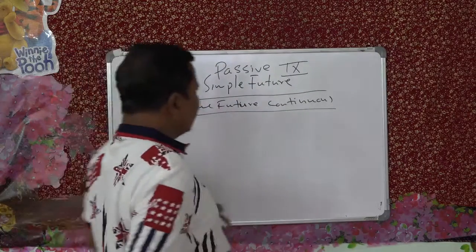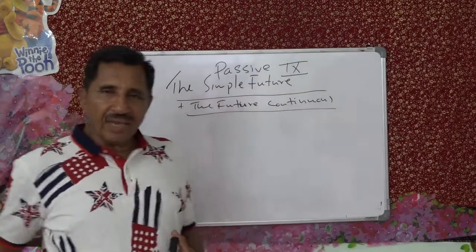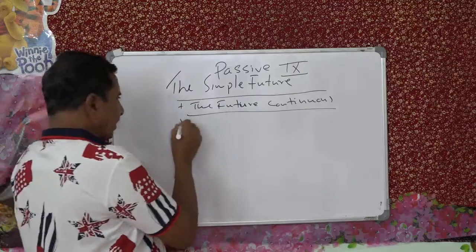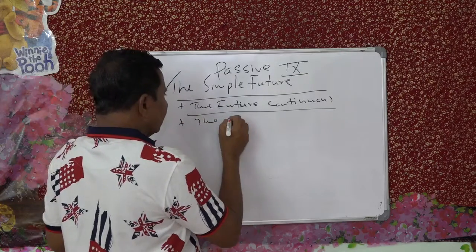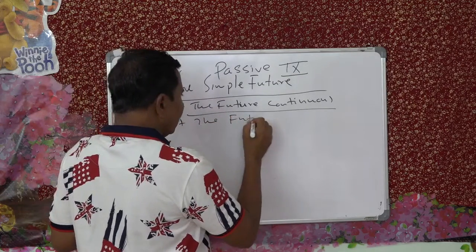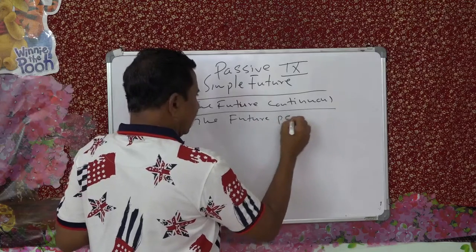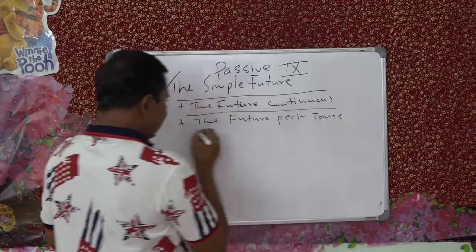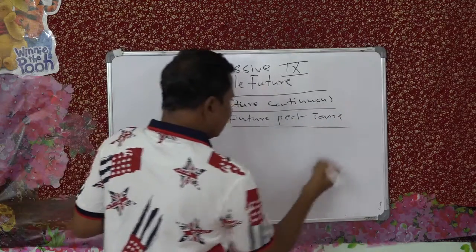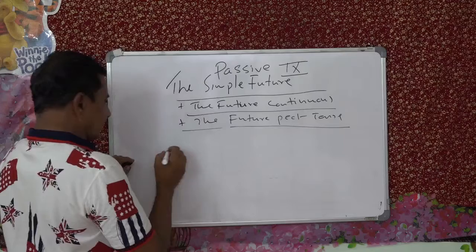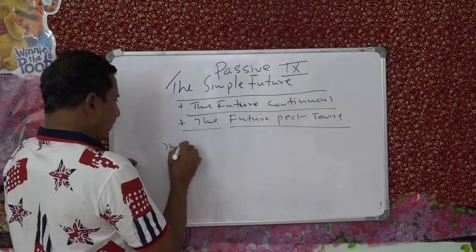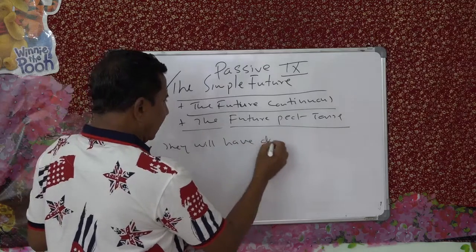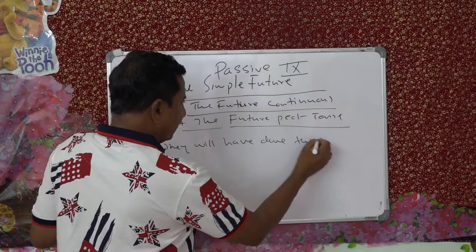So you have got present. Now you can add simple number. You can add one more, that is plus. You can have the future perfect tense, future perfectness. So let's say like this. They will have done the work.